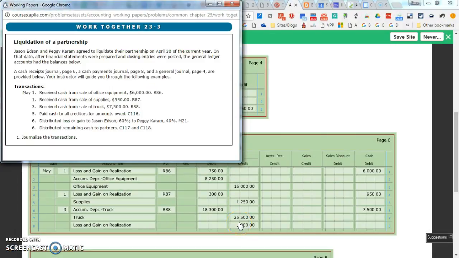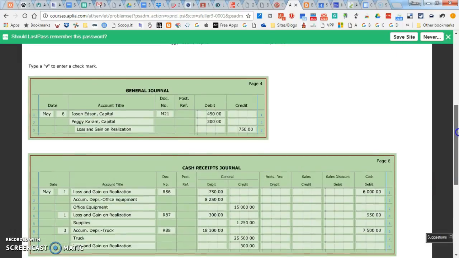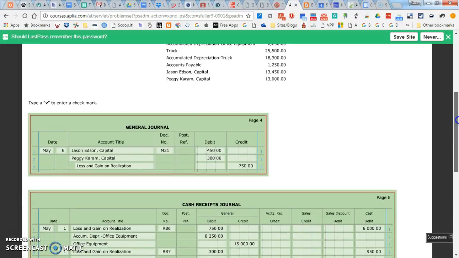And then our last transaction is distributing that cash to the partners. We'll go back to our cash payments journal. And our date is the 6th. Account title will be Jason Edson. Check number is 117. And so then to calculate that, we're going to take here our $13,450, what we had in capital, and subtract out what we just calculated.